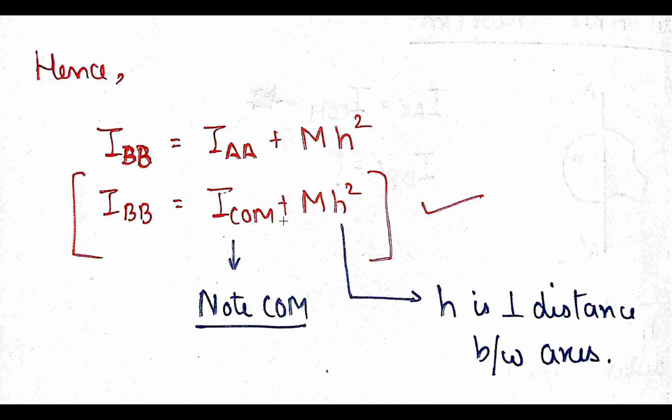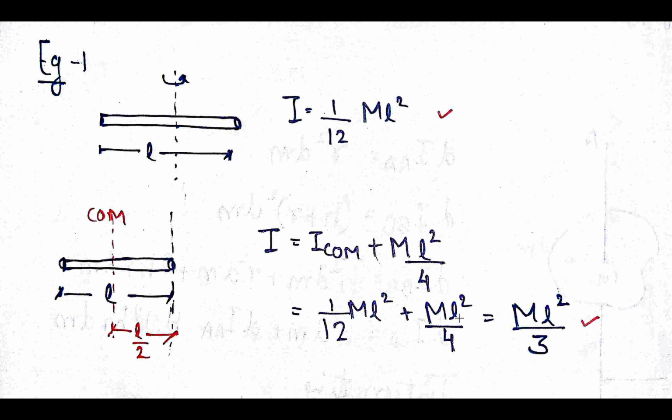If you just apply this, you can easily get the moment of inertia of this rod of mass m and length l about an axis through one of its ends as 1 by 3 m l square. I hope you have understood the parallel axis theorem. This is quite easy, just remember this formula.